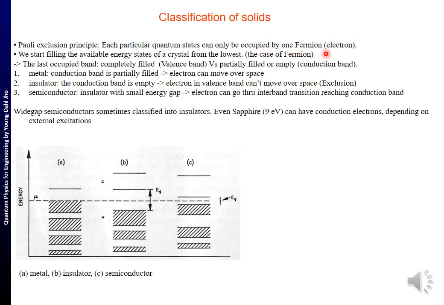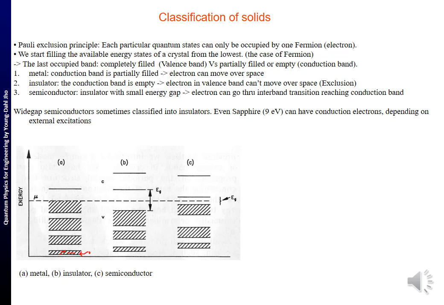Electron is a fermion. Then each quantum state can only be occupied by one electron. So that's why there are many energy states. Then we fill the energy states with electrons, and each energy state is filled up by one electron.